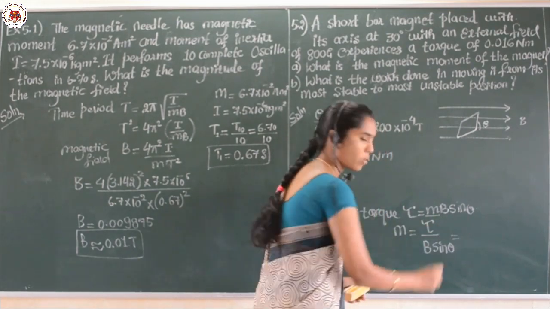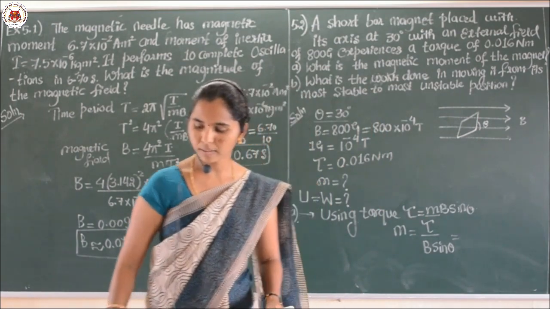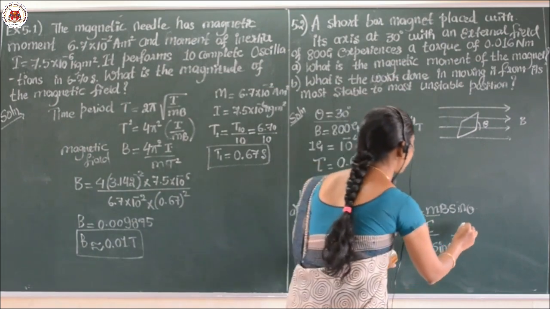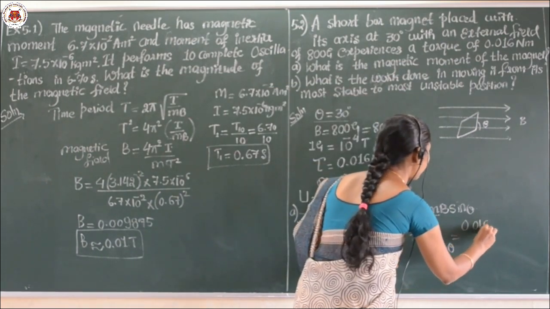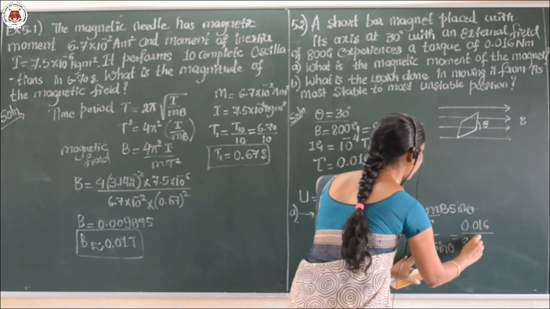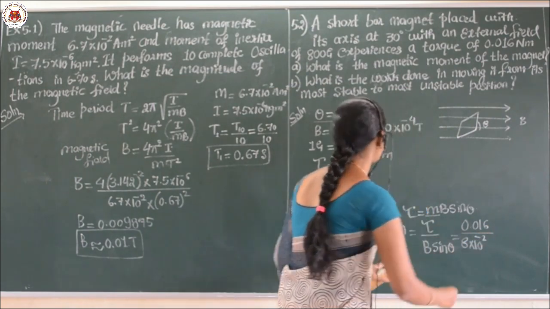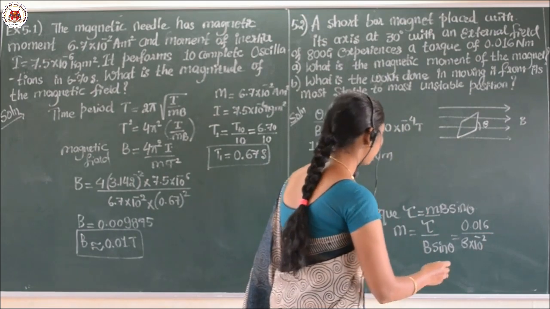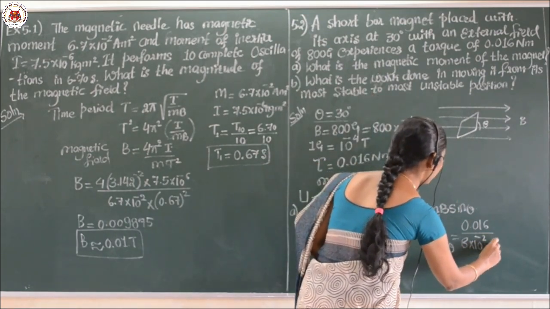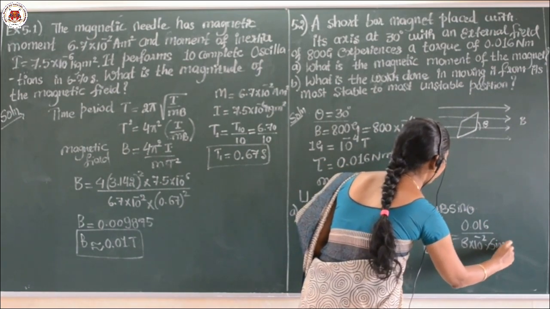Yes, then it is equal to the value is also given here, that is tau means it is 0.016 upon B value is 8 into 10 raised to minus 2, you can write 2 zeros, 2 zeros you can remove here, then into sine of 30. Yes.